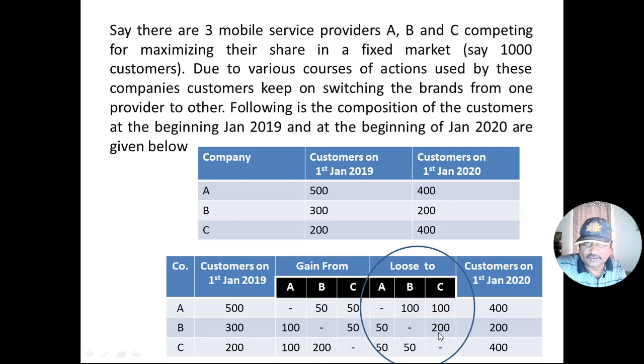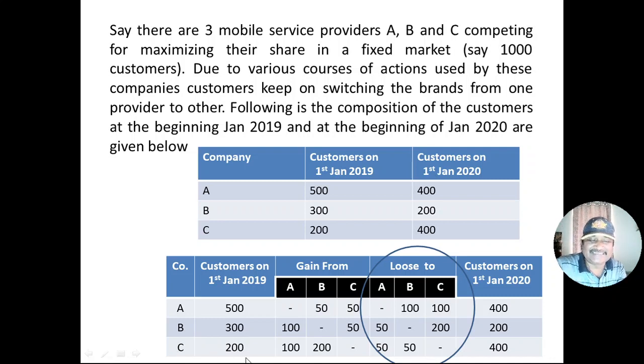So total loss is 250 and gain is 150, so net loss is 100. So therefore the customers of B drop down to 200 from 300.